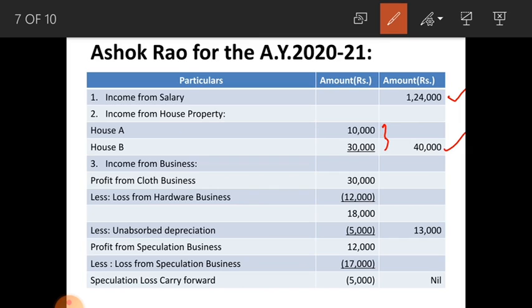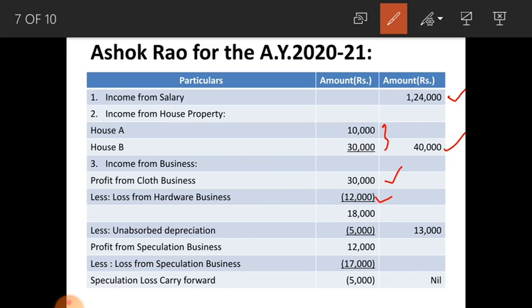Next, see income from business, there are many adjustments. First one, there is profit from cloth business rupees 30,000. From this cloth business profit, you can set off the loss from hardware business. The loss from hardware business amounts to rupees 12,000. You can set off it against profit from cloth business. The remaining profit is 18,000 rupees.